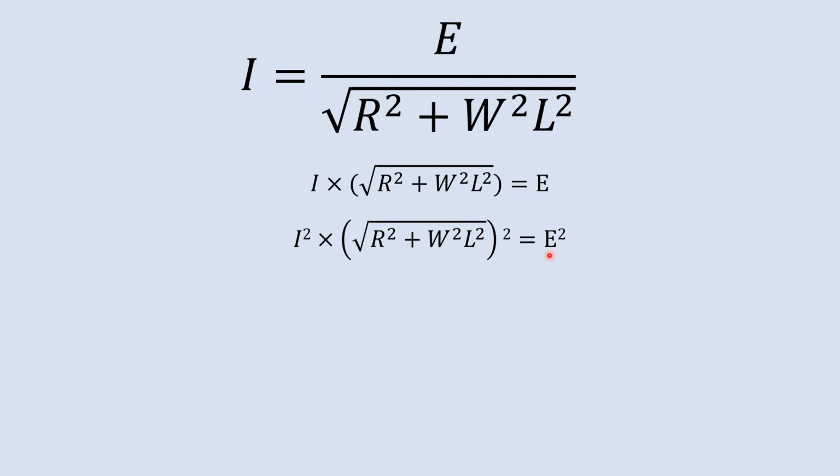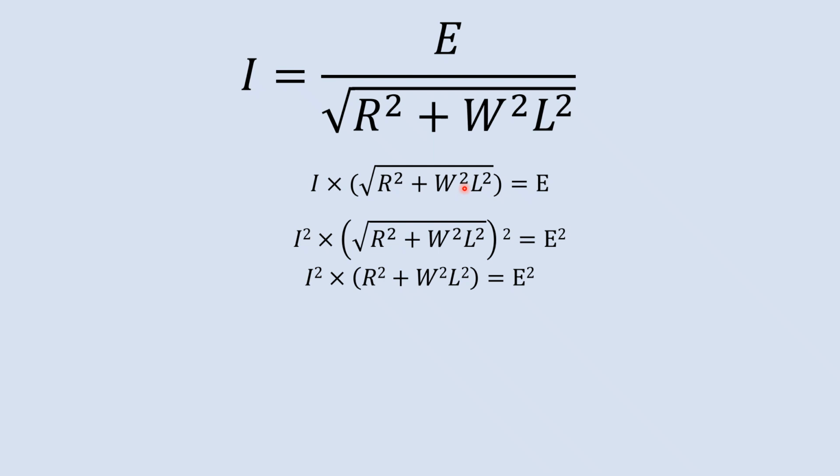Okay, let's proceed. After removing the square root sign, our expression changes to I squared multiplied by R squared plus W squared L squared is equal to E squared. Now our expression is simpler because we have removed the square root.